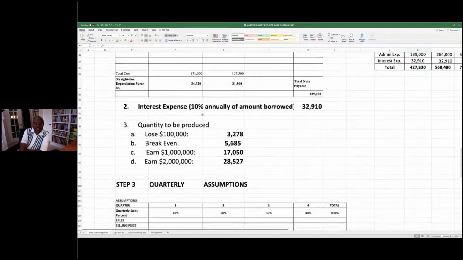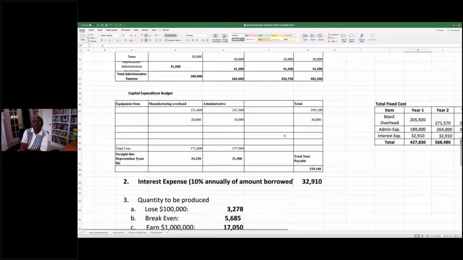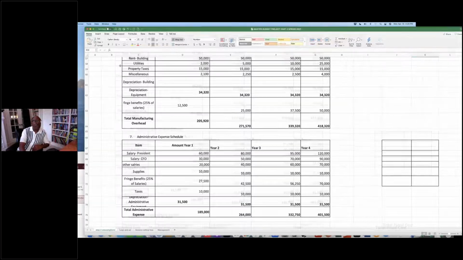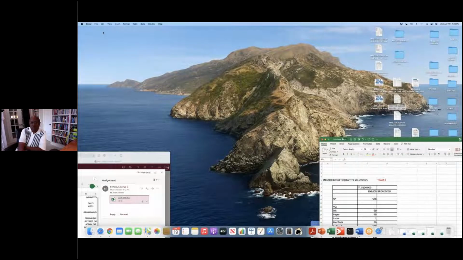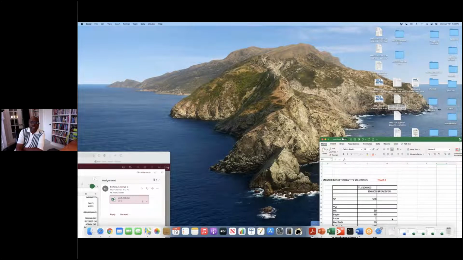Now, let everybody see this. Any other questions before I get rid of it? Or maybe I just minimize it. It's on Blackboard too. All right, so let me just see here. Did you check your email?